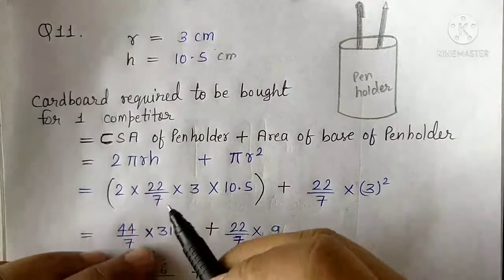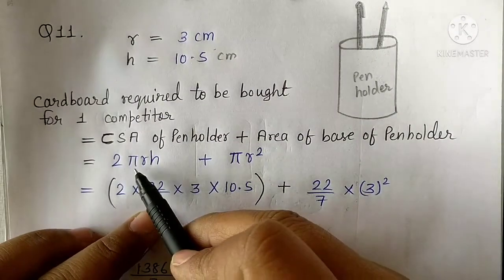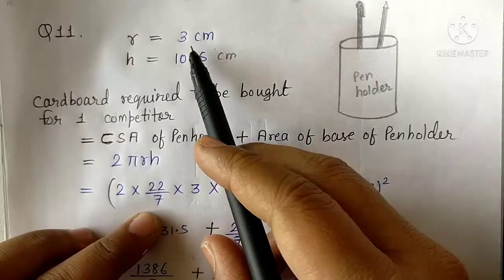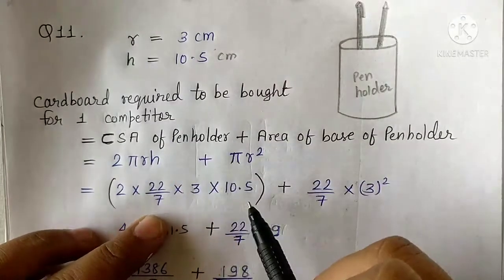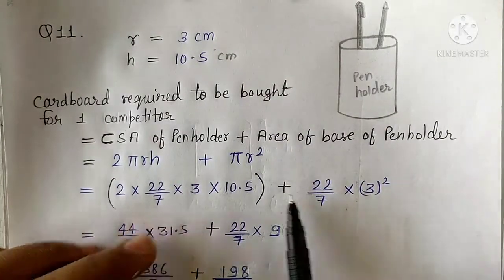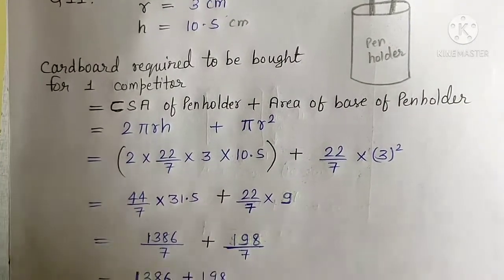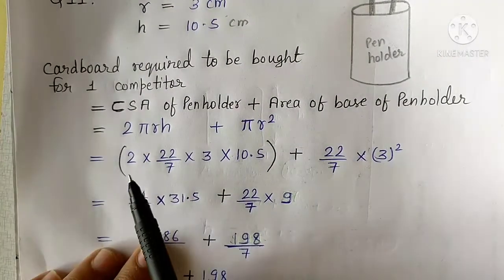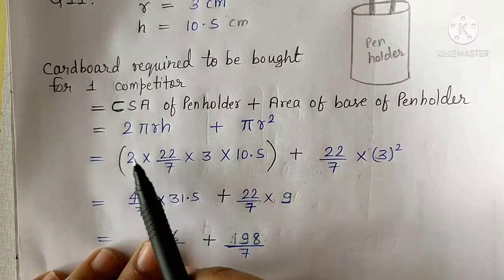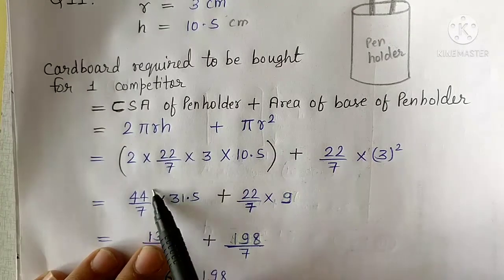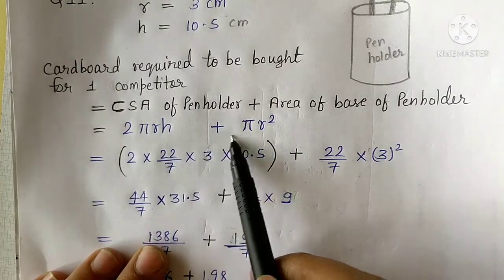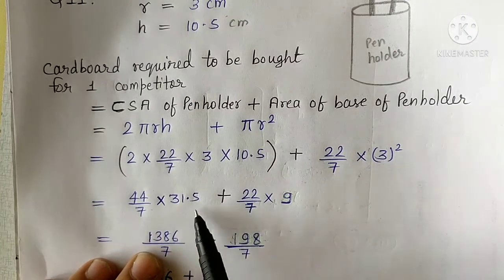So we can put the values here. 2 multiplied by pi value 22/7, R value 3 cm and H value 10.5. Pi r square is 22/7, R means 3, so 3 square. By using the values, 44 multiplied by 31.5, because 22 multiplied by 2 is 44/7, and 3 multiplied by 10.5 comes 31.5.